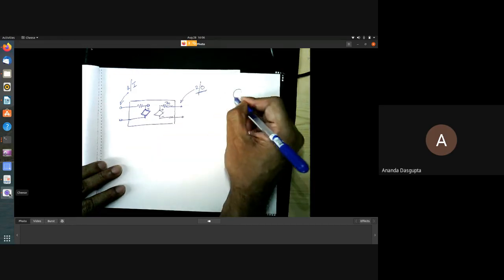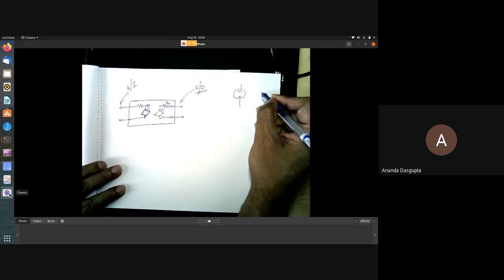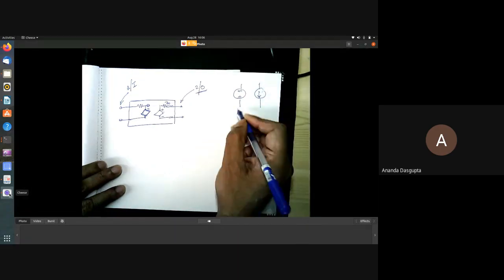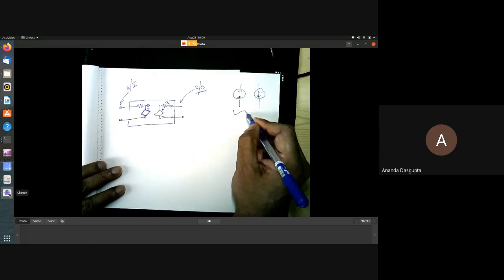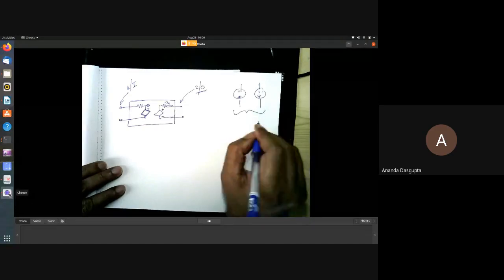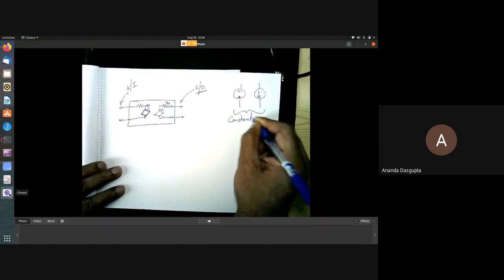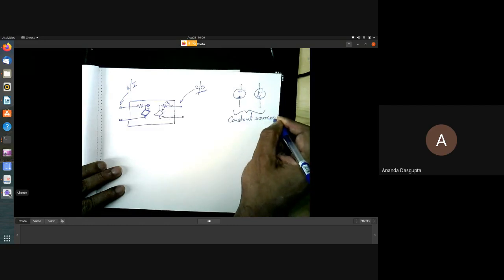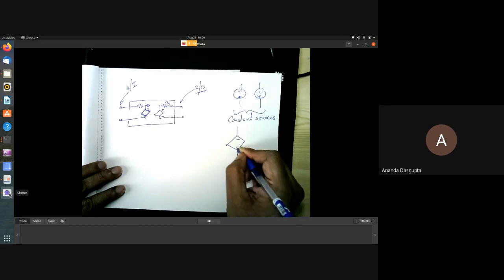So round circles are usually used for voltage sources or current sources. The current source is supposed to have an arrow. The voltage source just has minus and plus signs. But these are actually typical American style symbols for constant sources and not controlled sources. Controlled sources have diamond shapes.